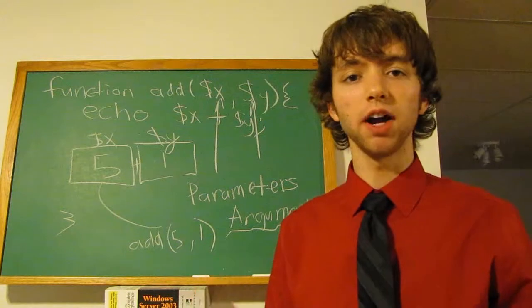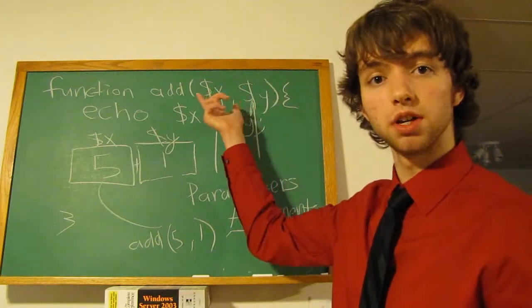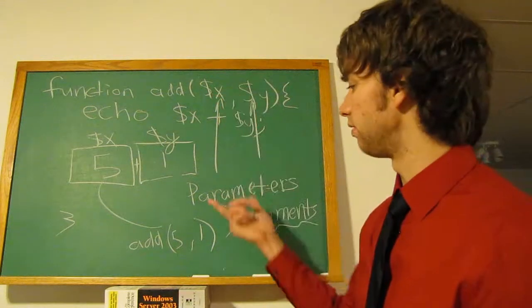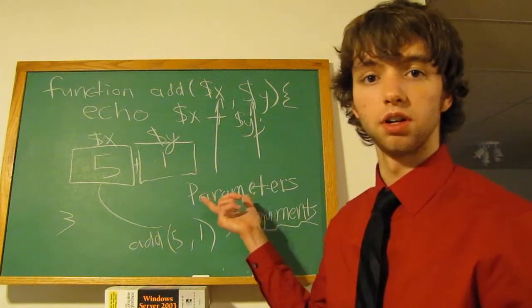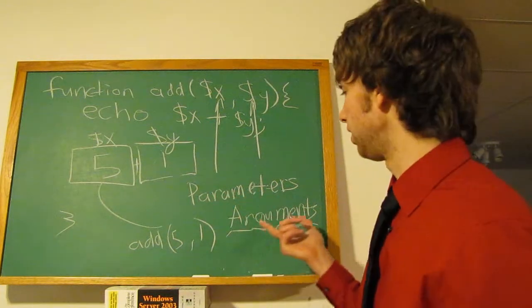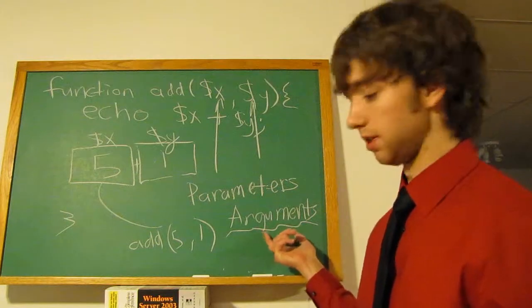So when we're defining a function, the temporary variables that take the values we give the function when we call it are the parameters. The actual values we give it right here are the arguments.